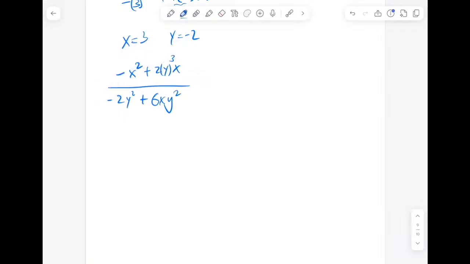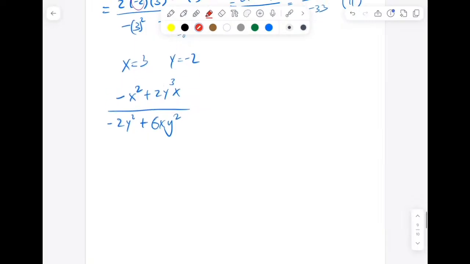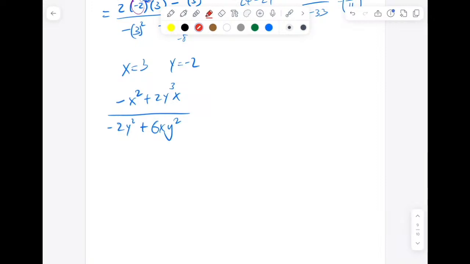So x equal to 3, y equal to -2, and just evaluate. Everybody should get the same answer, by the way.